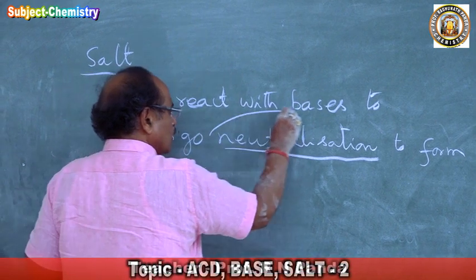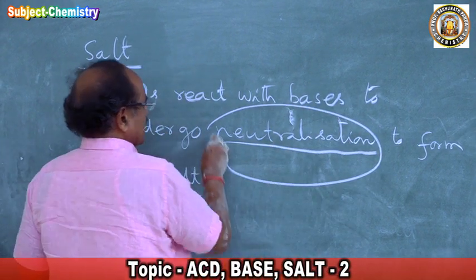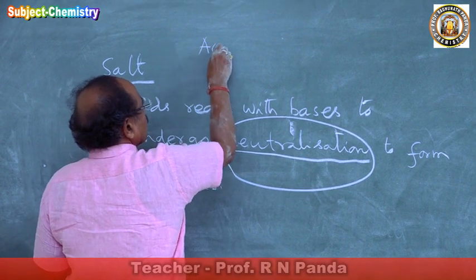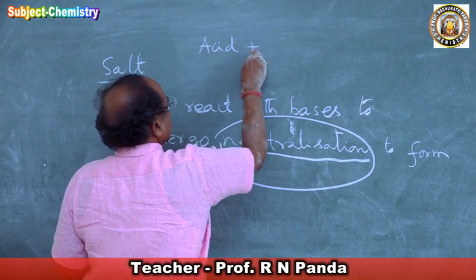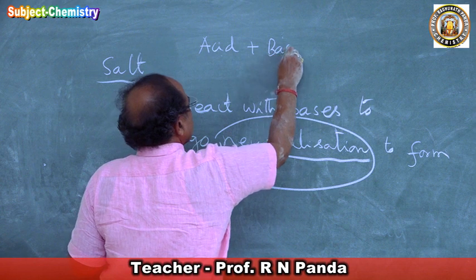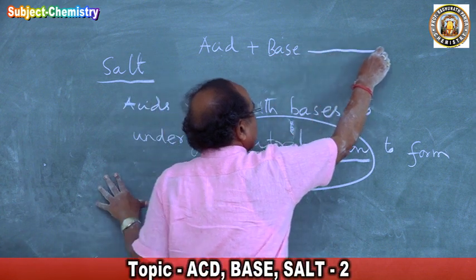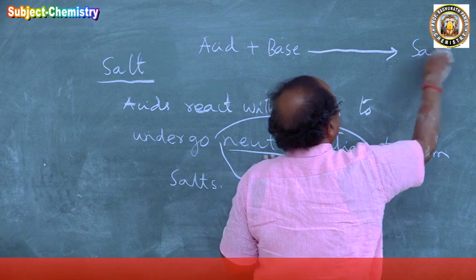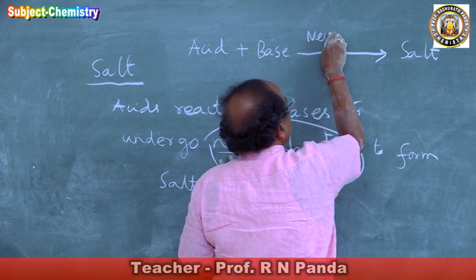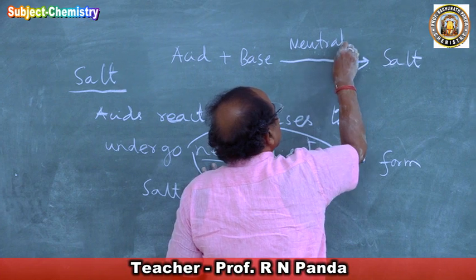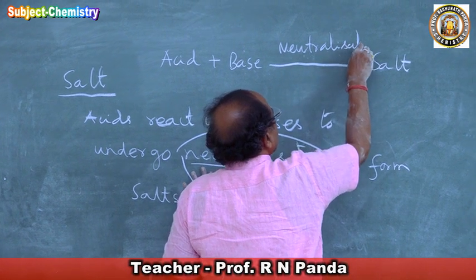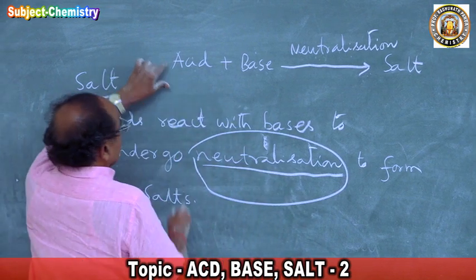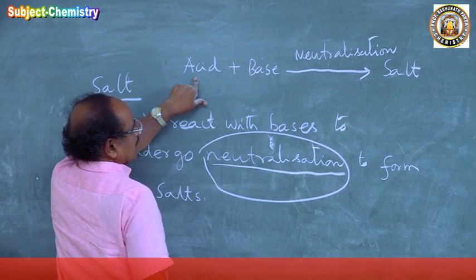So why is it called neutralization? We are taking an acid. When we allow this acid to react with a base, they react to form salt, and this is called neutralization. This chemical reaction is called neutralization. Because what was this acid? It was turning blue litmus red.